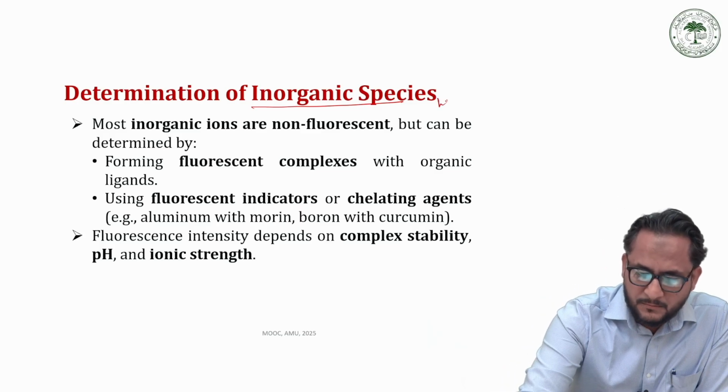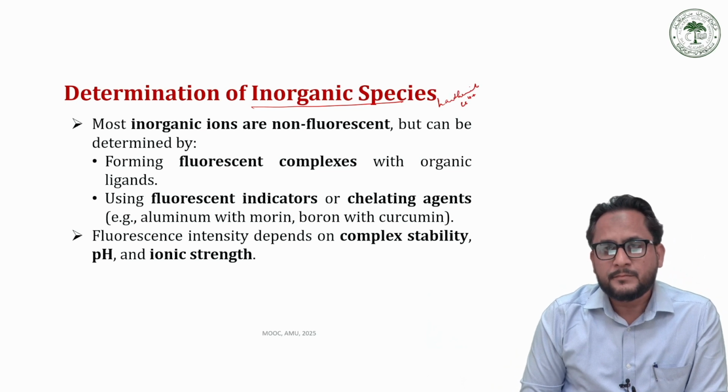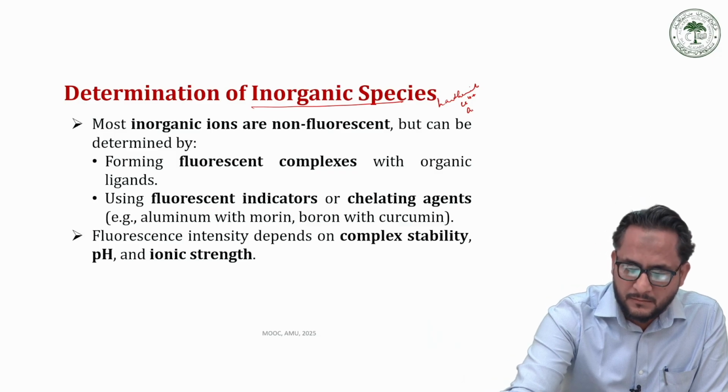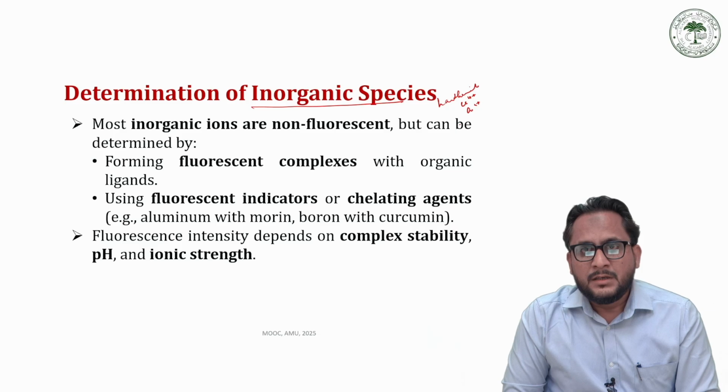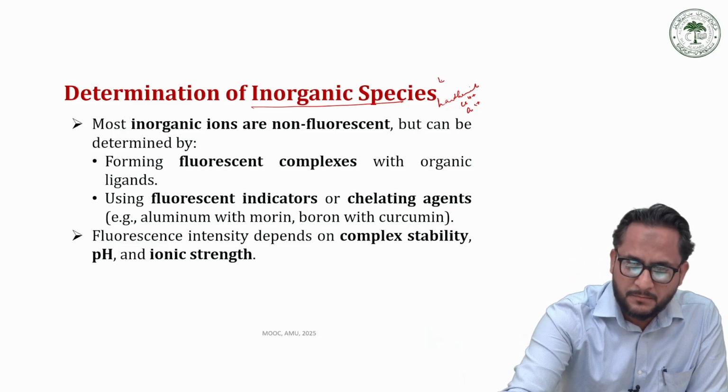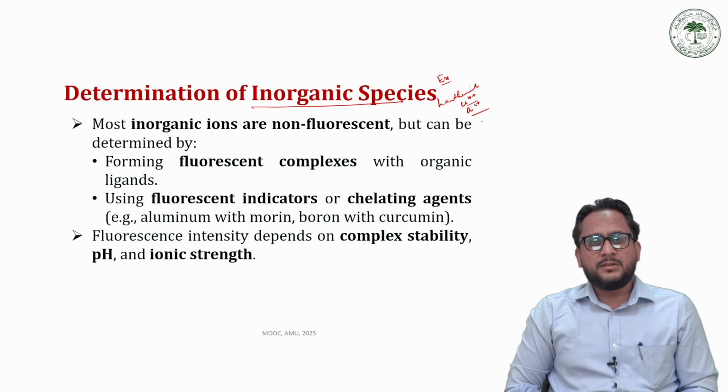We can go for certain lanthanides. We can identify cerium in the plus 4 state. We can go for copper. We can go for europium. They can be identified because of their fluorescent nature.